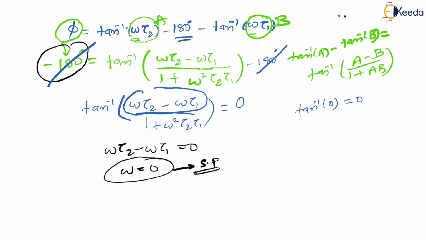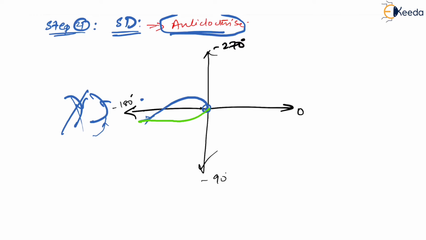Why? Because we know that when omega equal to 0, the magnitude is infinity. So there is no frequency at which the minus 180 degrees angle is found, which means this blue plot is not applicable.